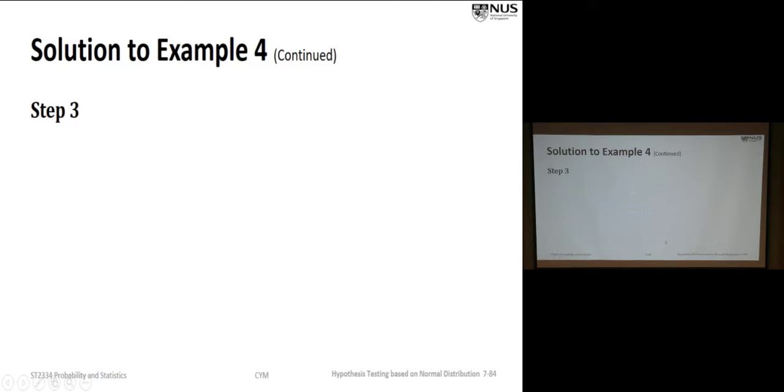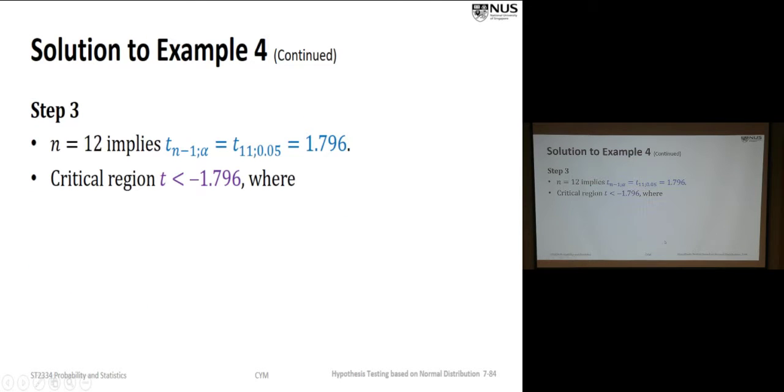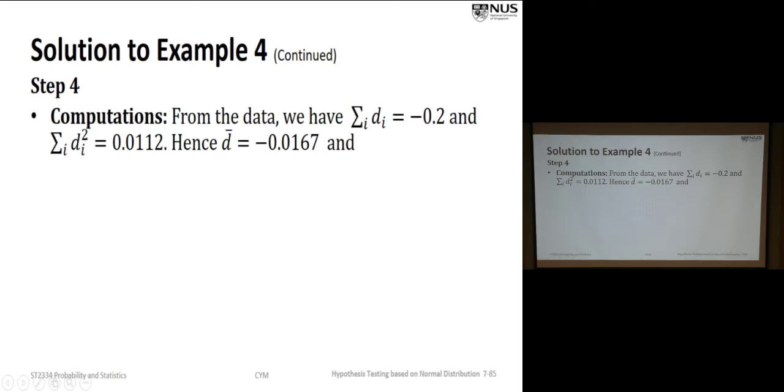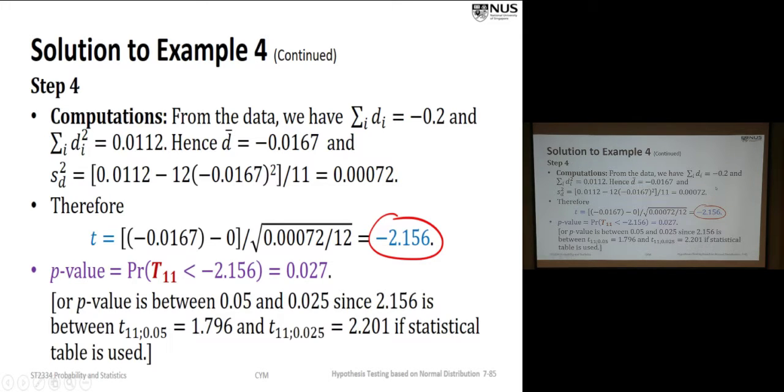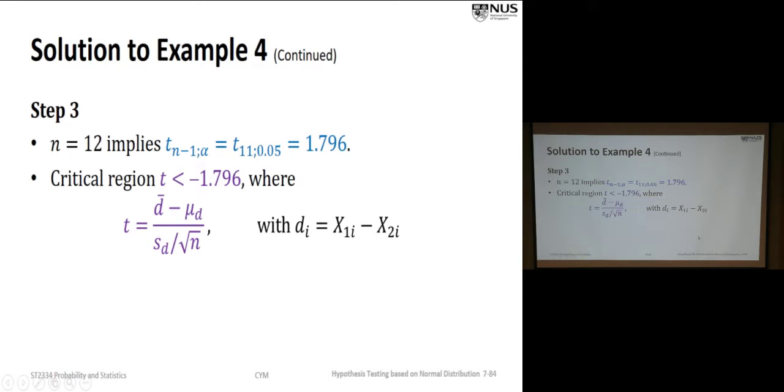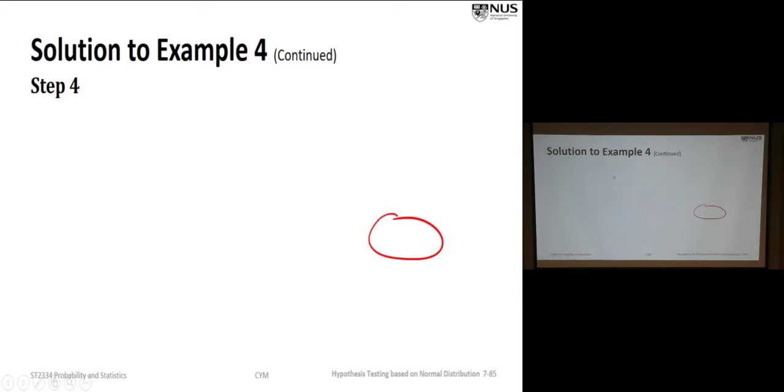Okay, set alpha and then compute the test statistic. This is the value that you check against. So this is the test statistic, computed. Now, we reject whenever it's less than minus 1.798.